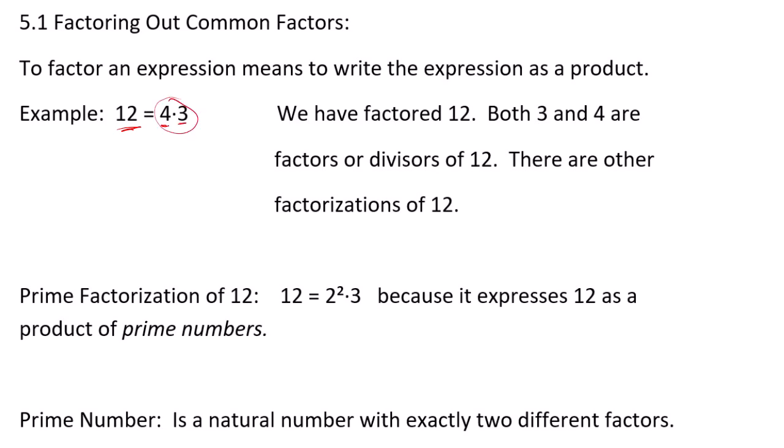So once again we write it as a product. And these numbers 4 and 3 are the factors of 12, or at least two factors of 12, right? 12 has more factors like 1 and 12 or 2 and 6, right? But anyway, that's one way to write out 12 in its factored form. Okay.